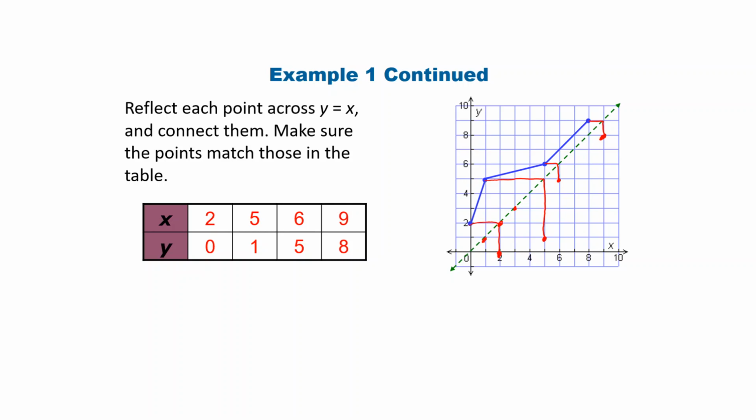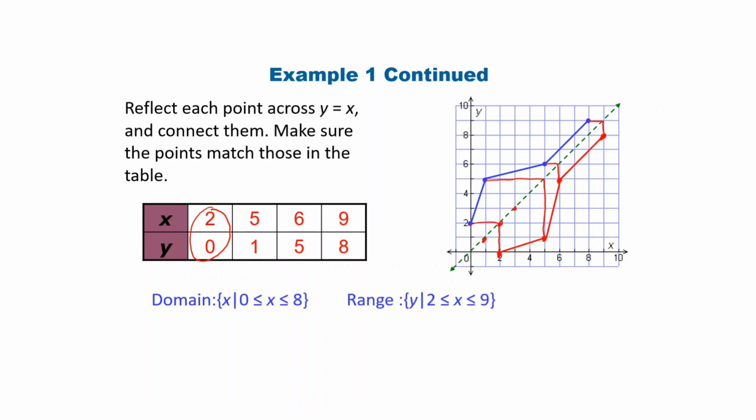Now we can check our points to make sure: when x is 2, y is 0; (5, 1), over 5 up 1; over 6 up 5, that works; and over 9 up 8. So you see that all works. Now we can connect all of our points, and now they are connected.